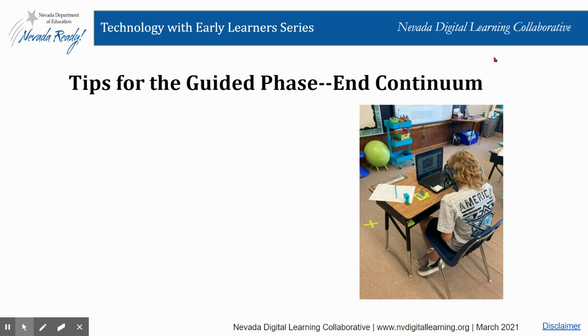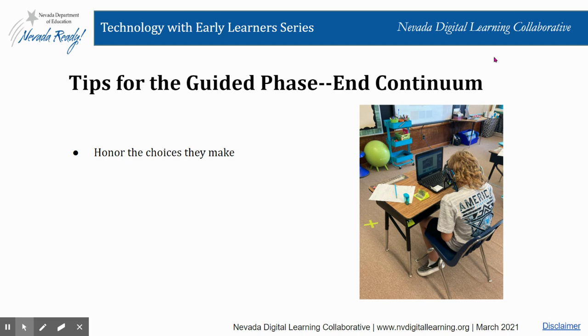So just a couple tips. Some of these are repeat tips because I think they're just really important to hear again. We sometimes get hounded in the reality of trying to implement something and we forget these things. The first one, when we're in this guided phase, is we have to honor the choices they make, especially when we're to the end here and we're just saying, here's your task, you use whatever tool you want.